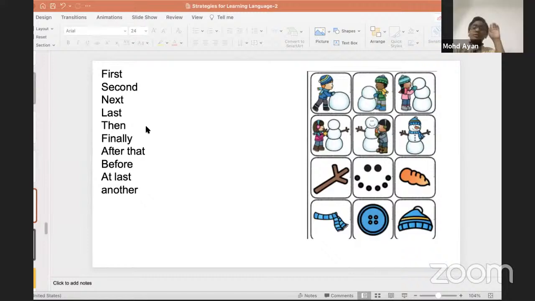The vocab words you can see in this picture are roll, foot, hands, buttons, nose, scarf, hat. If you see hands, hands are made of what? Branches, the wooden branches of trees, right?